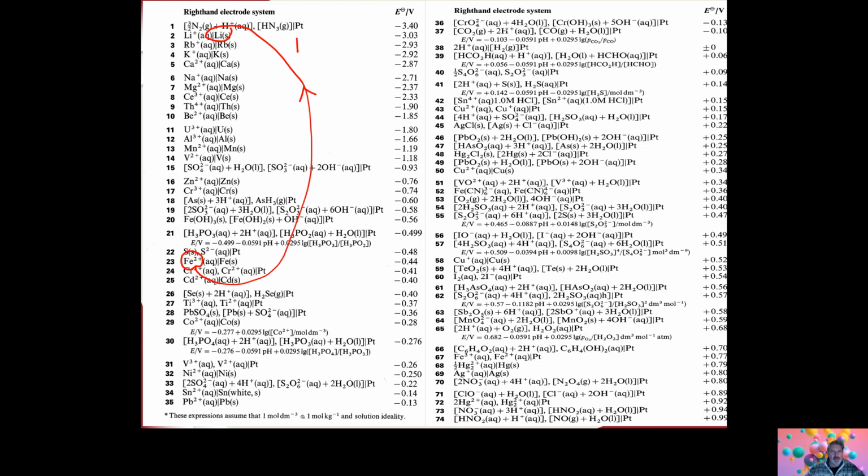So we can write Fe2+ plus Li, and then this is going to be one of the products, and that is going to be one of the products. Okay, and you can see we're still following this anti-clockwise rule.